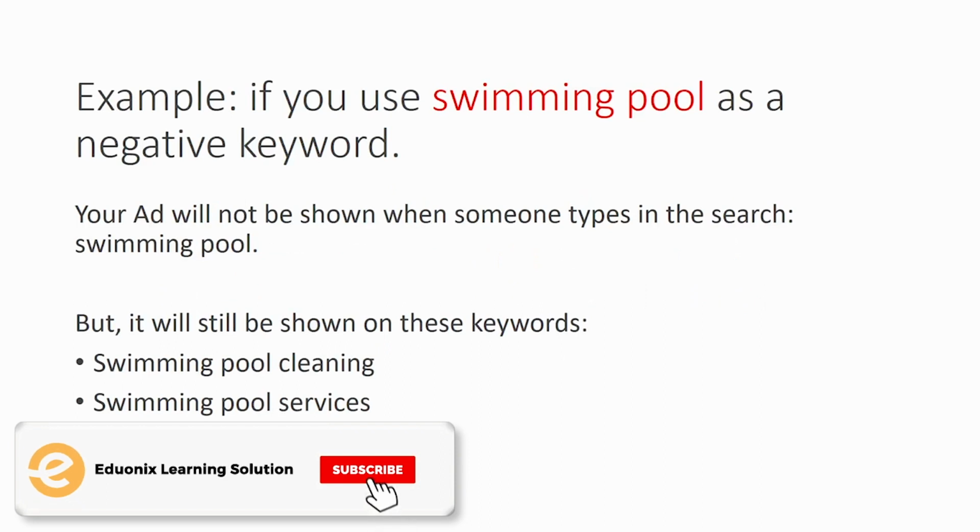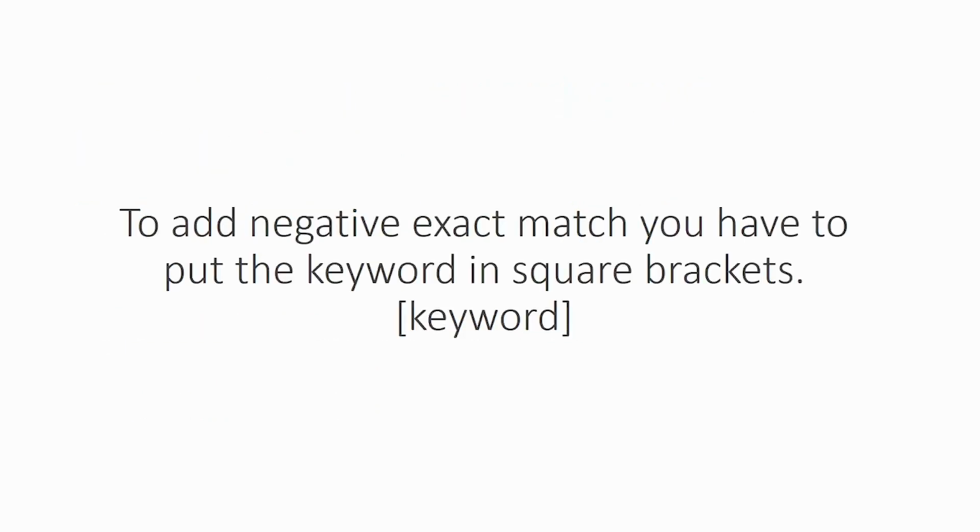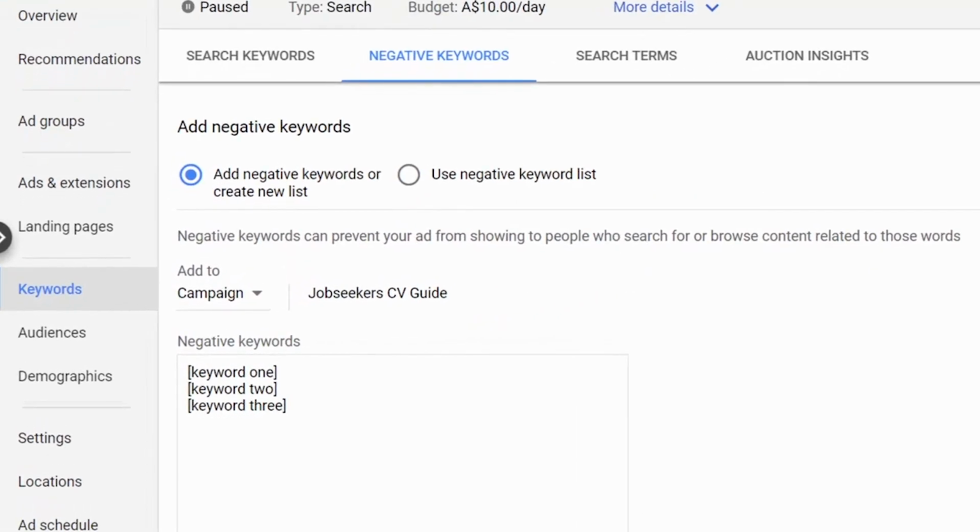So if our negative keyword is swimming pool, your ad will not be shown when someone types in the search swimming pool, but it will still be shown if somebody uses the keywords swimming pool cleaning or swimming pool services, as these are not an exact match type because the phrases include additional words, in this case, the words cleaning and services. To add negative exact match type keywords, you have to put the keyword in square brackets. So it would look something like this.